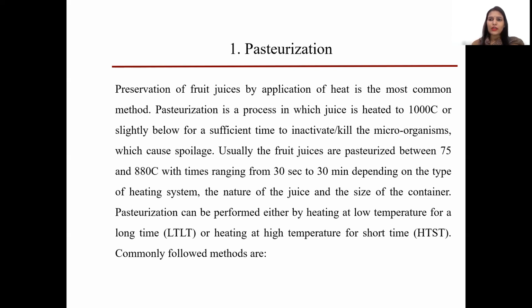Low temperature long time should be 62.8 degrees centigrade for 15 to 30 minutes. And for HTST, high temperature short time, it is 71.7 degrees centigrade for 15 seconds. We can use these different methods for different food liquids.